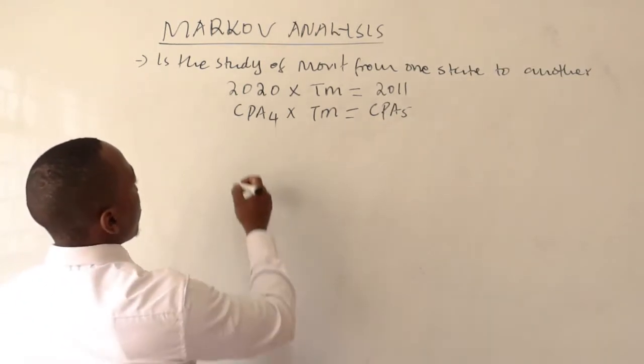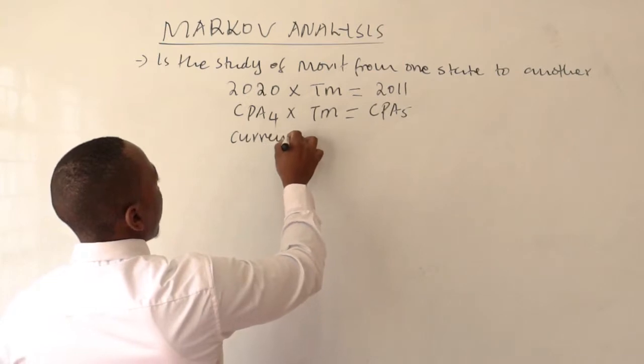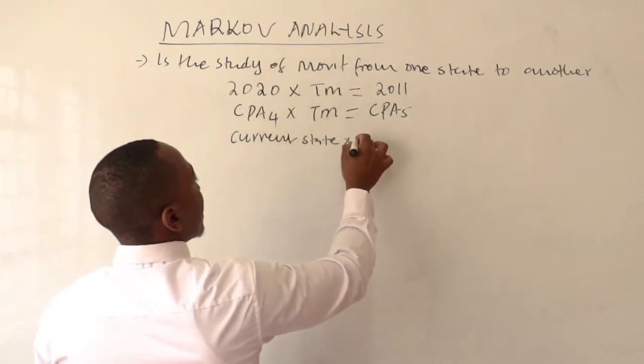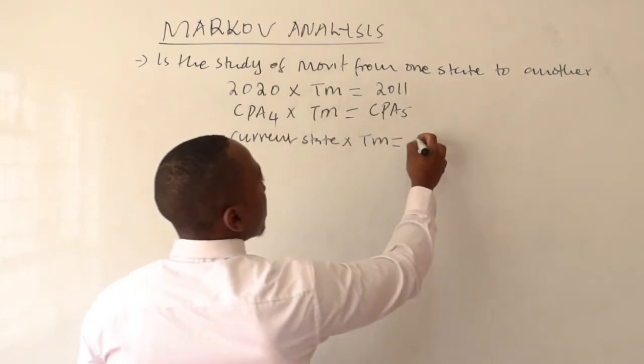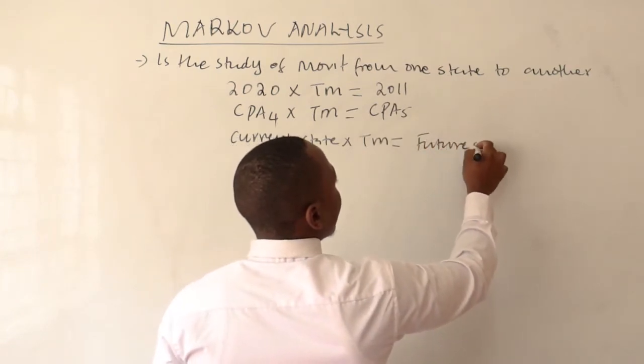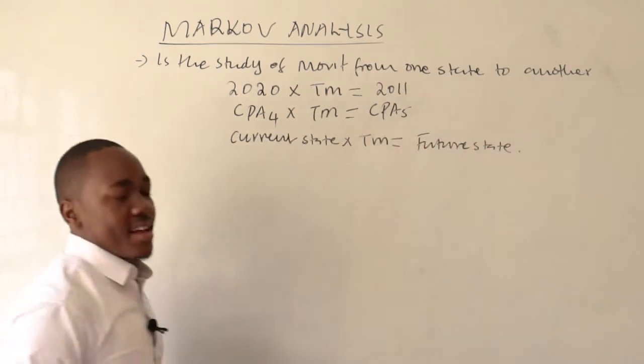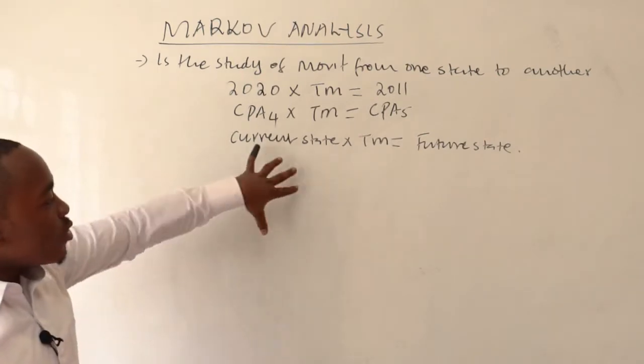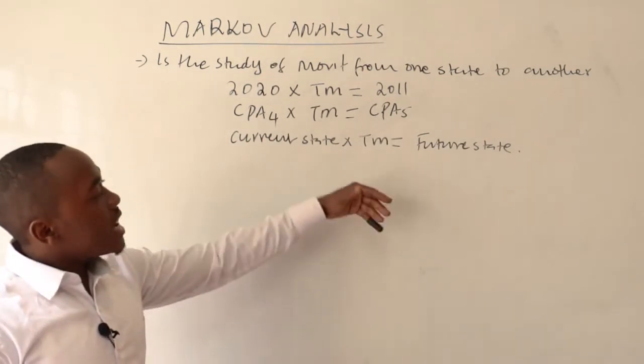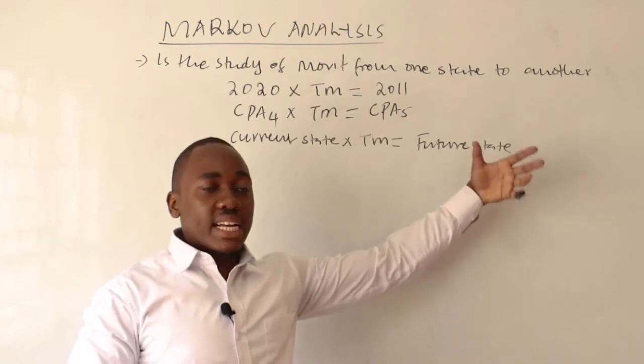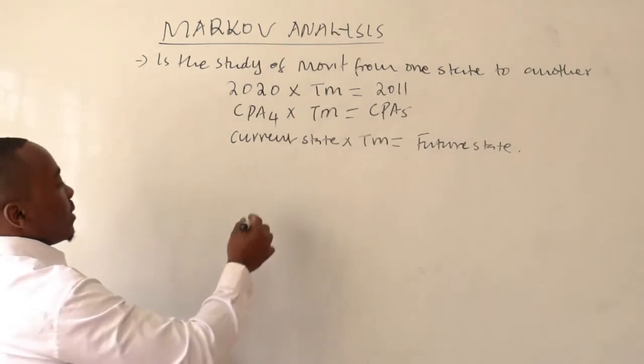That means we are moving from the current state times transition matrix, so that you can go to the future state. Yeah, that's what I'm trying to illustrate. You're moving from one state, that's the current state, times a transition matrix to the future state. And it has this general format.